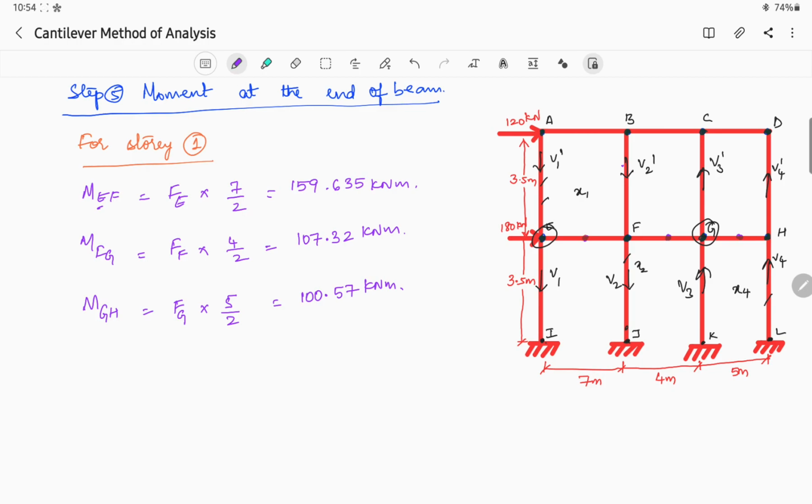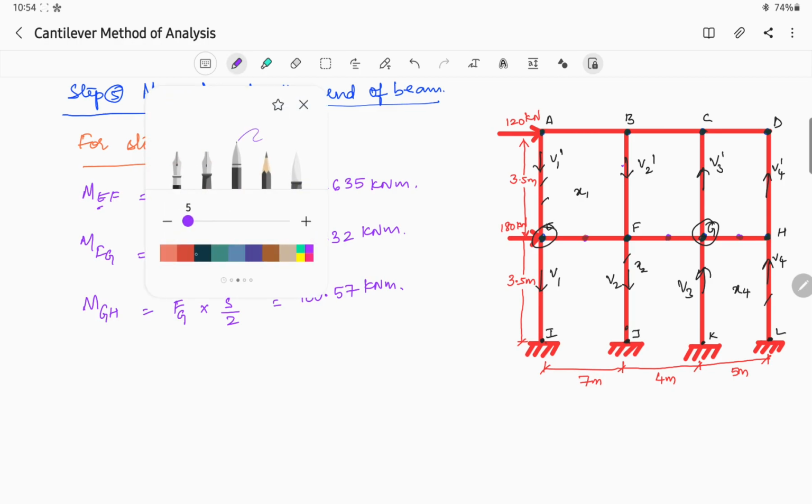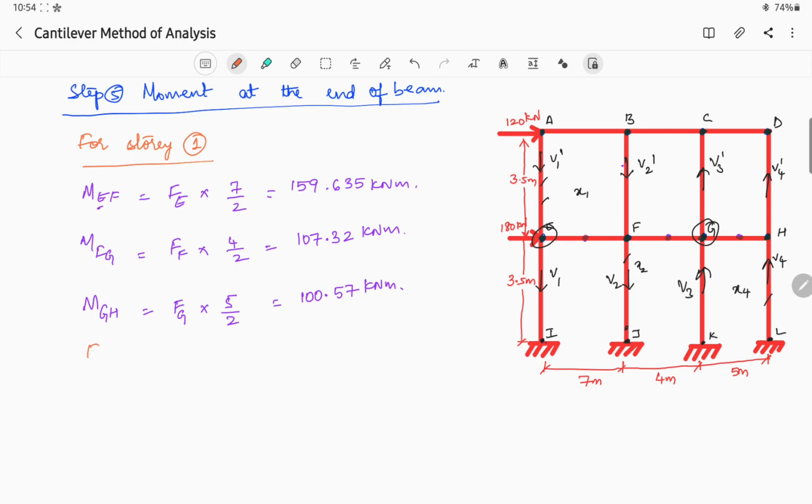Now we'll go for story 2, that is for the second floor. So for story 2, again we'll go at this point. If you see this point, at this point, moment in member AB.